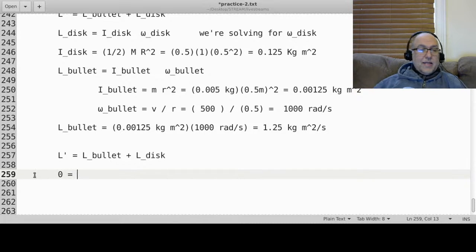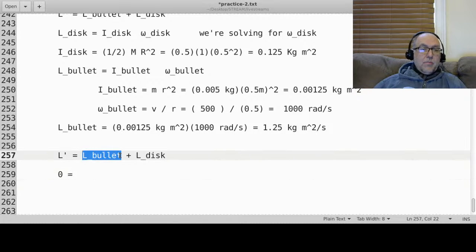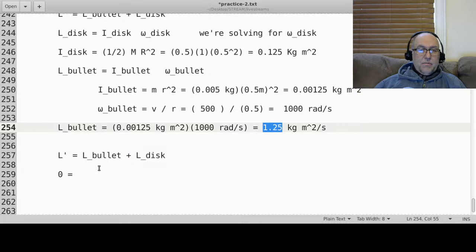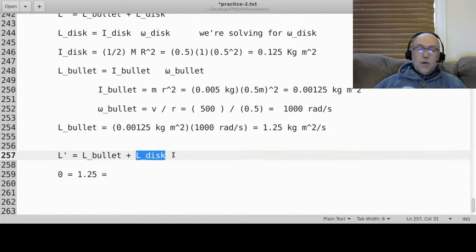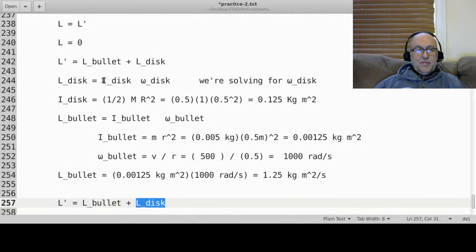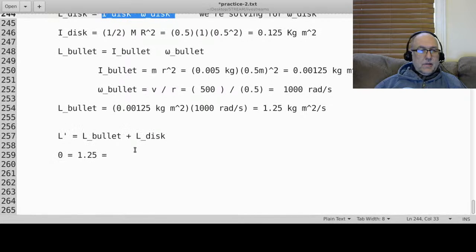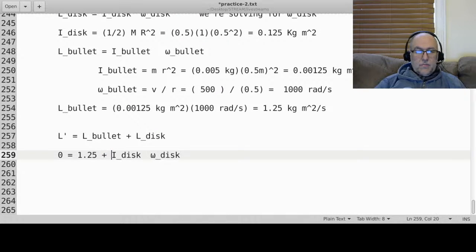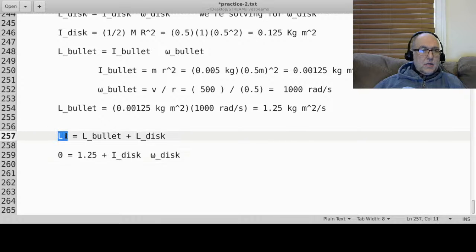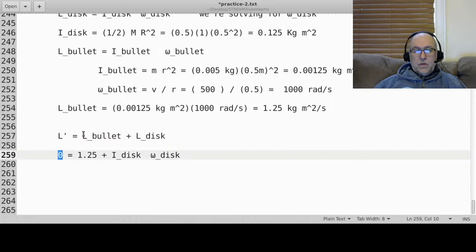Then you've got the angular momentum of the bullet, and we've got that now. There it is. Plus the angular momentum of the disk. Well, we don't have the full angular momentum of the disk. We've got the moment of inertia of the disk. Let me just write it like this. Whoops, that should be a plus. Right? So the total is 0.